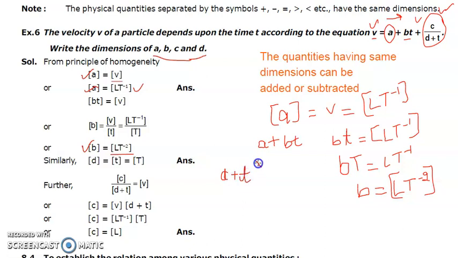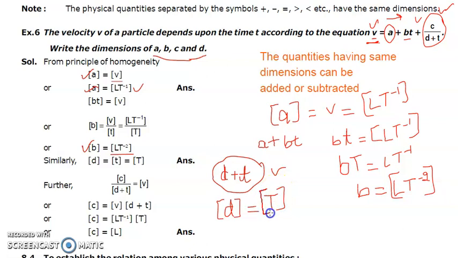If I apply the principle of homogeneity in only this part of the equation, and we say that the equation that has been given is dimensionally correct, then d and t are the two quantities that have been added to each other, so we can write the dimensional formula for d as the dimensional formula for time.